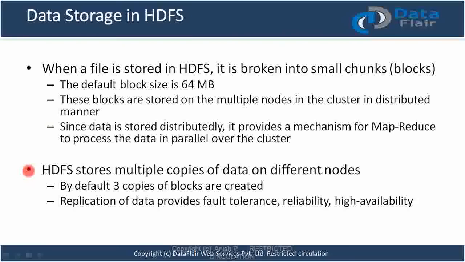Now guys, I think it's the first time I'm giving you another concept. HDFS stores multiple copies of data on different nodes. By default, 3 copies of blocks are created.